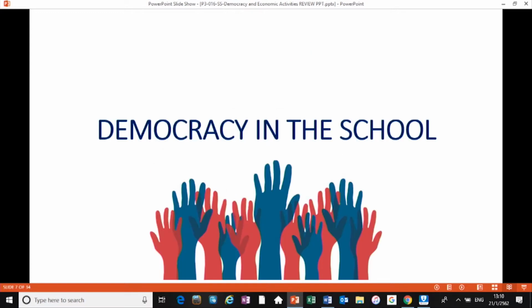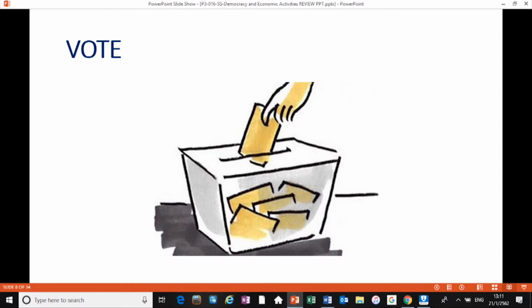Now we'll look at democracy in the school. Vote. Remember when we voted our leader? A vote is what happens for an elected official to be appointed. We will have a vote.